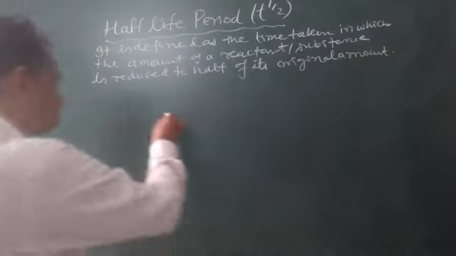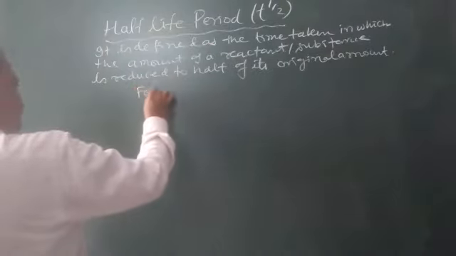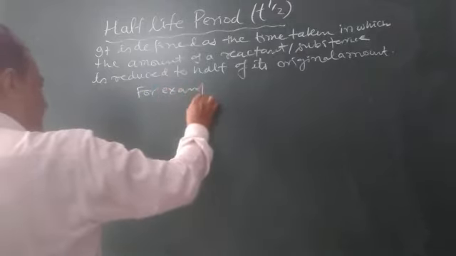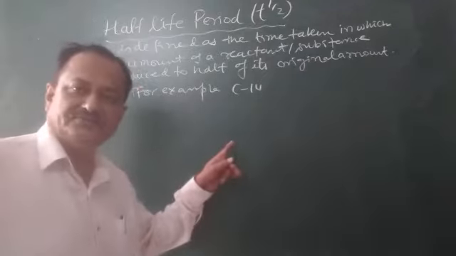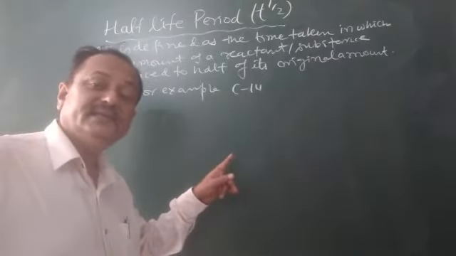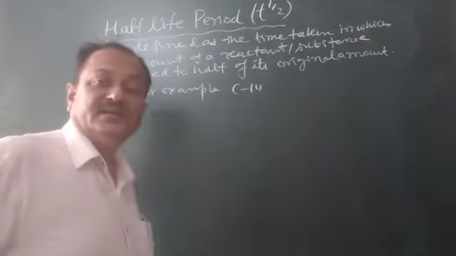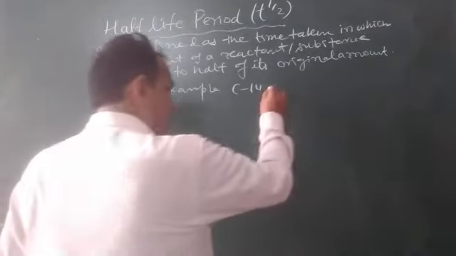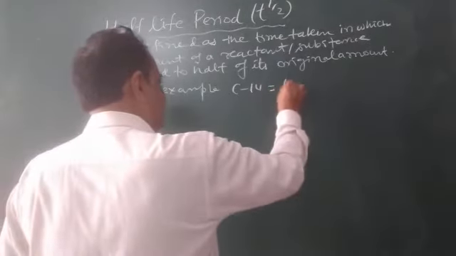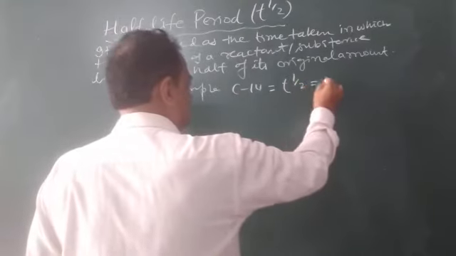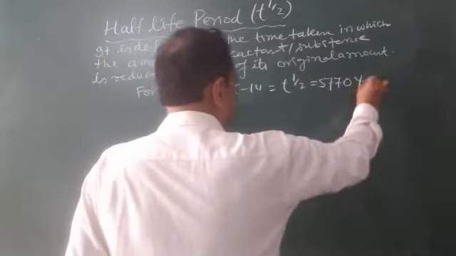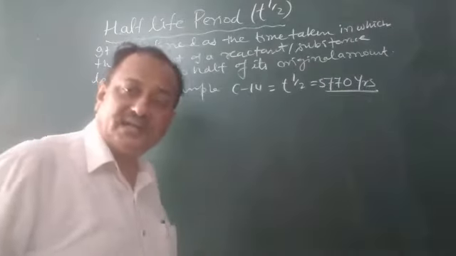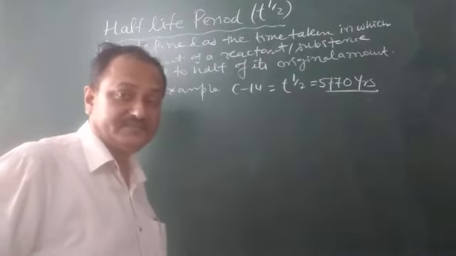Now see, for example, C14 is an isotope of carbon, and it is radioactive in nature, and its T half is equal to 5,770 years.